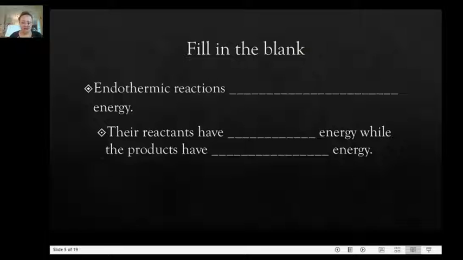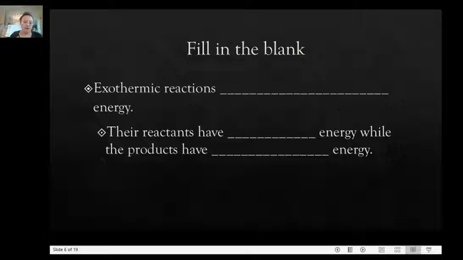Endo means to take in, so they absorb energy. Reactants should have low energy. Since they're absorbing energy, reactants have low energy, and then that means our products will have high energy. Exo means to exit, so energy is exiting our system.